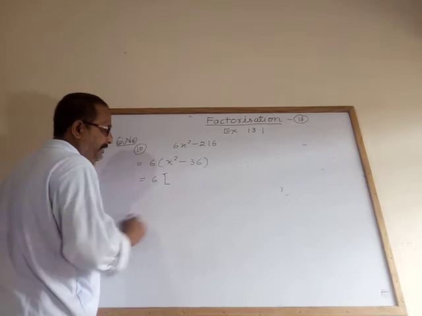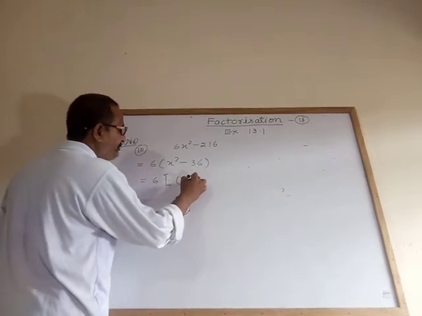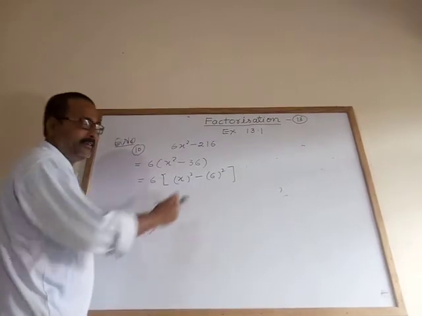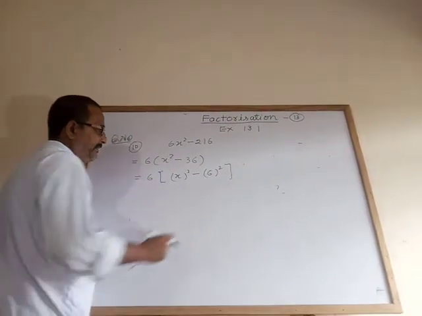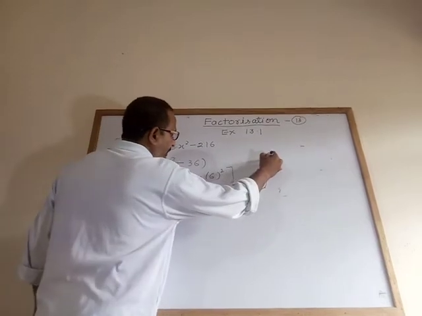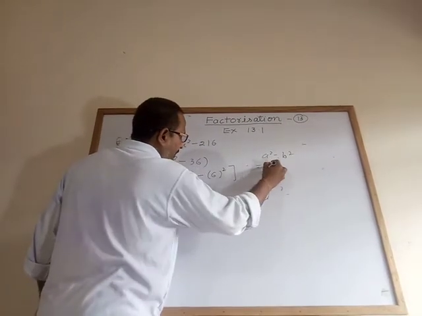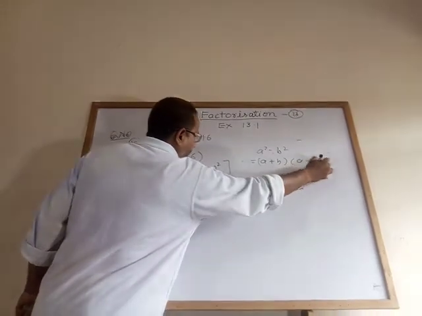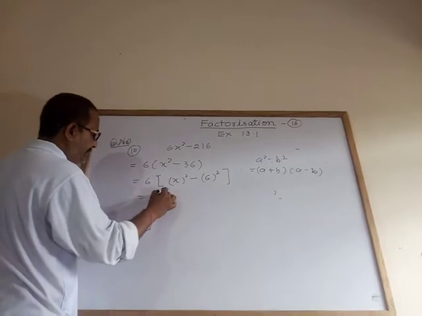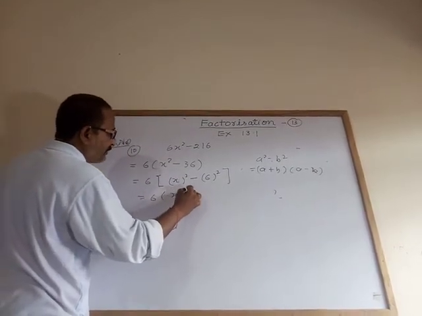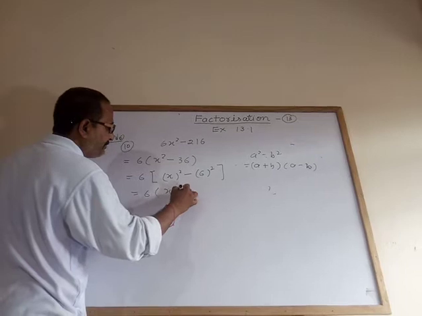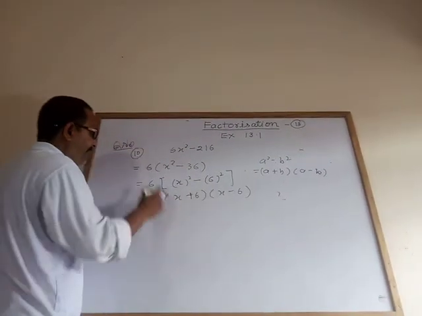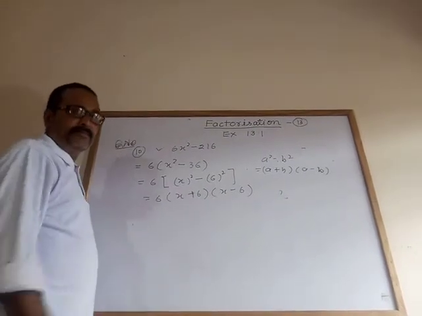Now square bracket you write, x square minus 6 square. Square of 6, 36. Now again this is in the form of a square minus b square, that will be a plus b and a minus b. Again 6, one bracket x plus 6, in other bracket x minus 6. These are the factors of this question.